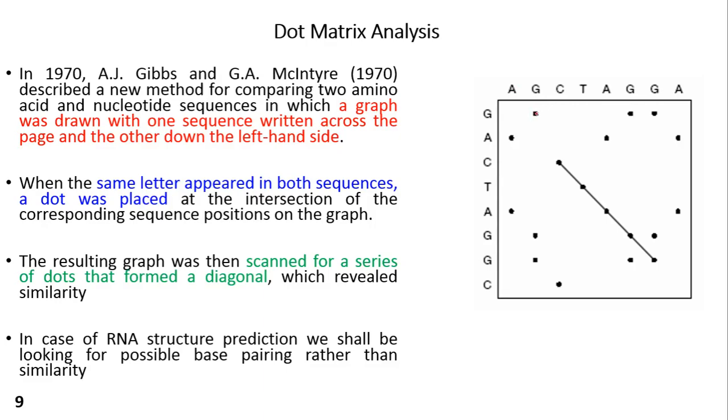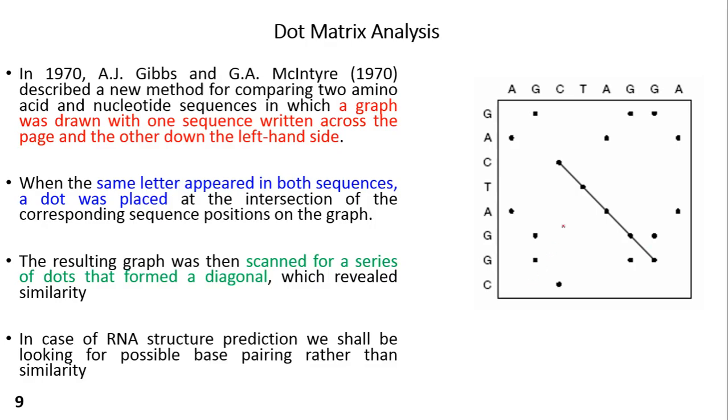This dot was placed at the intersection, at the position where the same letter appeared. In this way, you would end up with a lot of dots in your contact matrix. This is what is called a contact matrix.